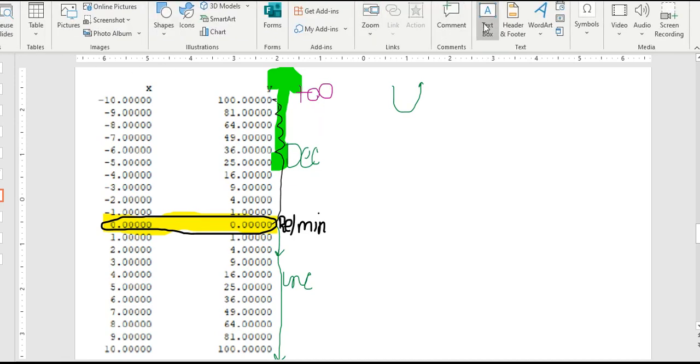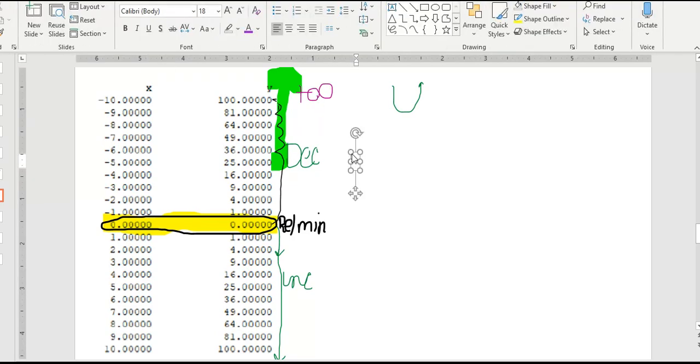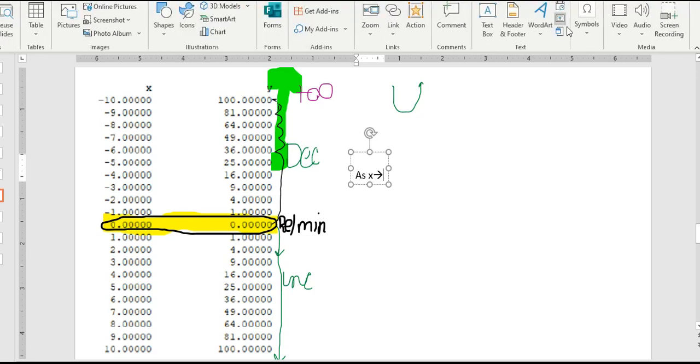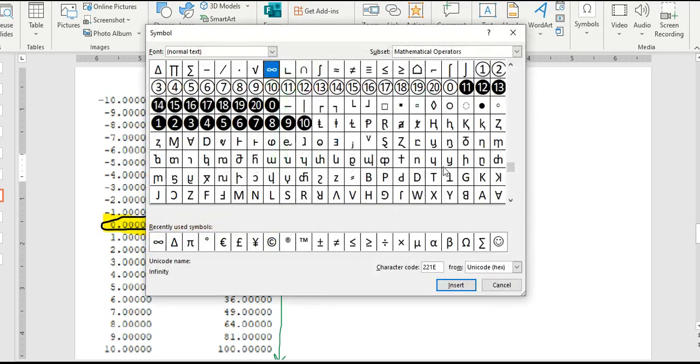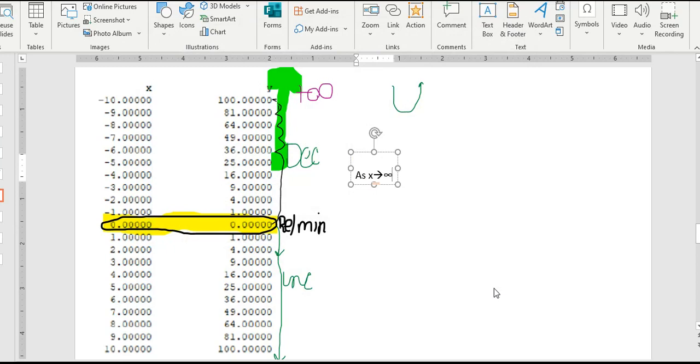So writing your end behavior as: as x goes towards negative infinity, y goes towards positive infinity.